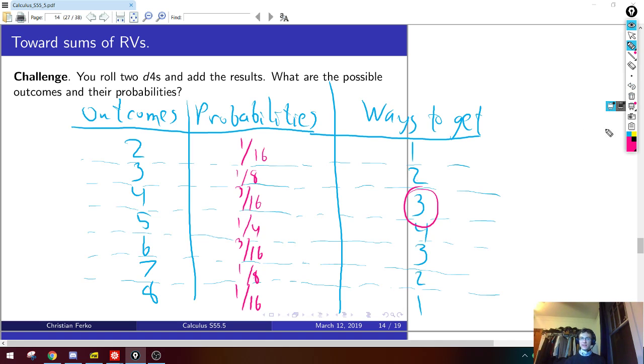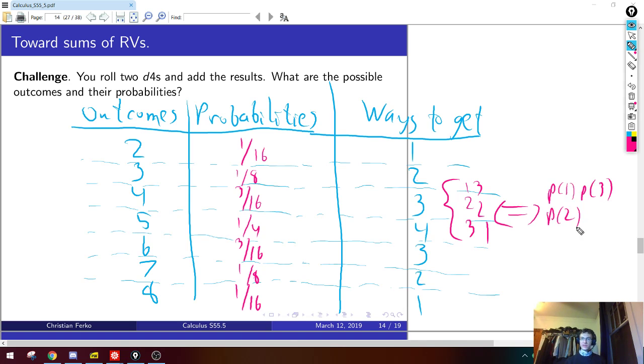So in order to find the probability of getting a 4, we had to add together all of the ways of getting a 4, which were again 1 and a 3, a 2 and a 2, or a 3 and a 1. So in other words, we are adding up the probability of 1 times the probability of 3, plus the probability of 2 times the probability of 2, plus the probability of 3 times the probability of 1. Each of these is a quarter times a quarter, because these are independent events.